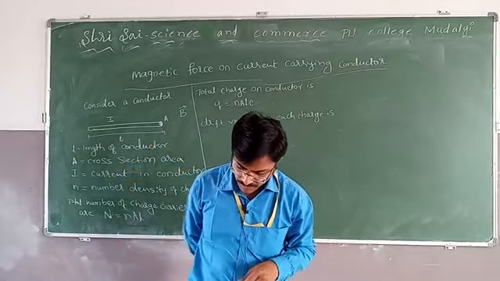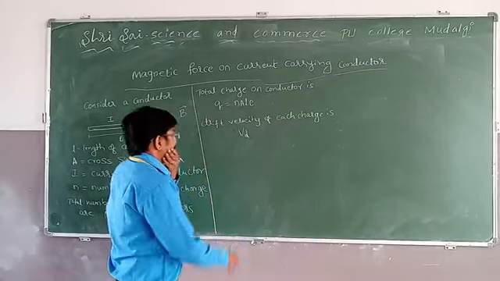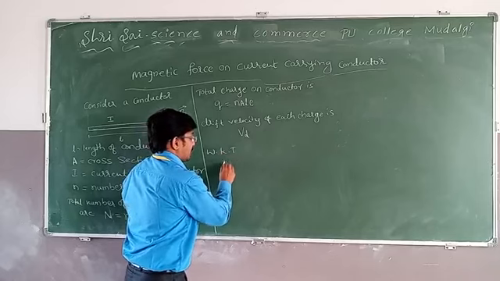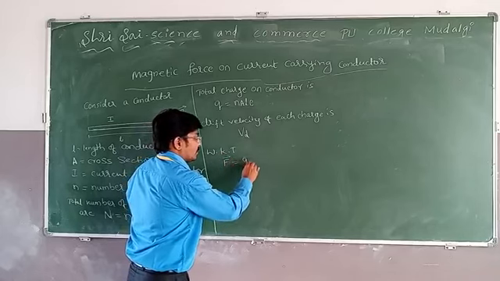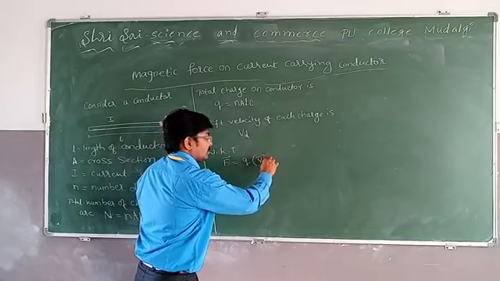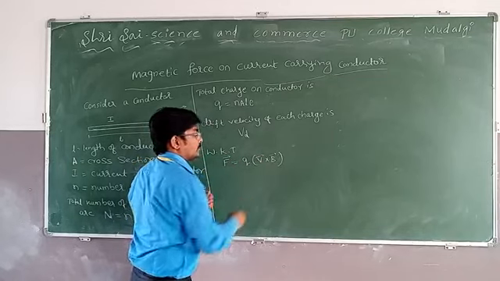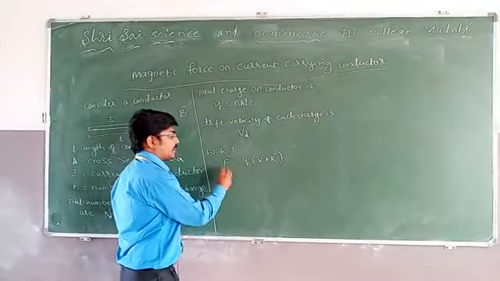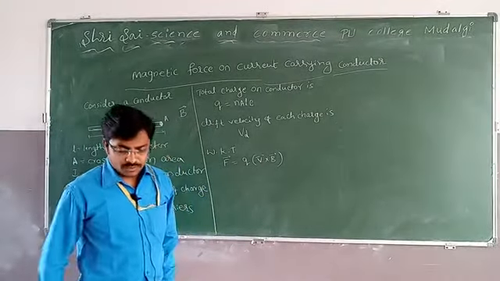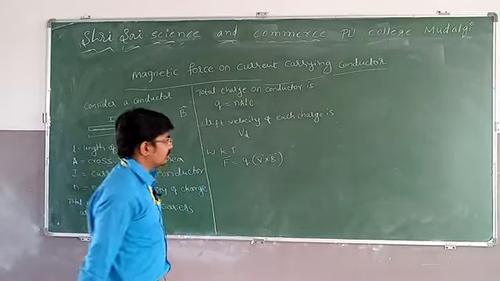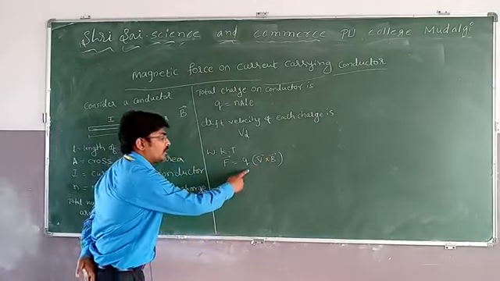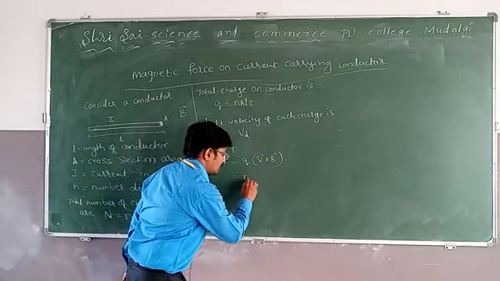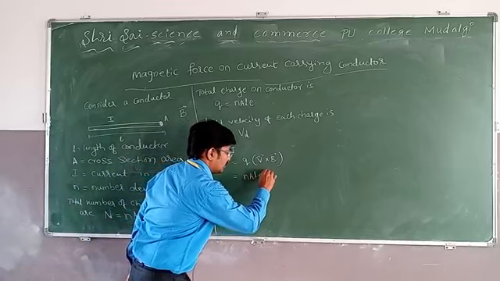is Vd, and we know that magnetic force F is equal to Q into V cross B. We know this is the magnetic force formula, therefore F is equal to Q into V cross B. Where in our case what is the Q value? nALe, write down nALe.